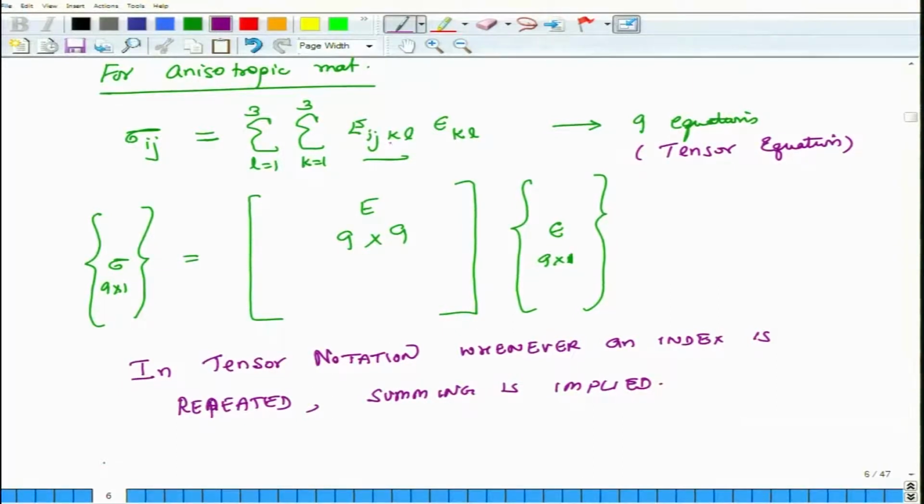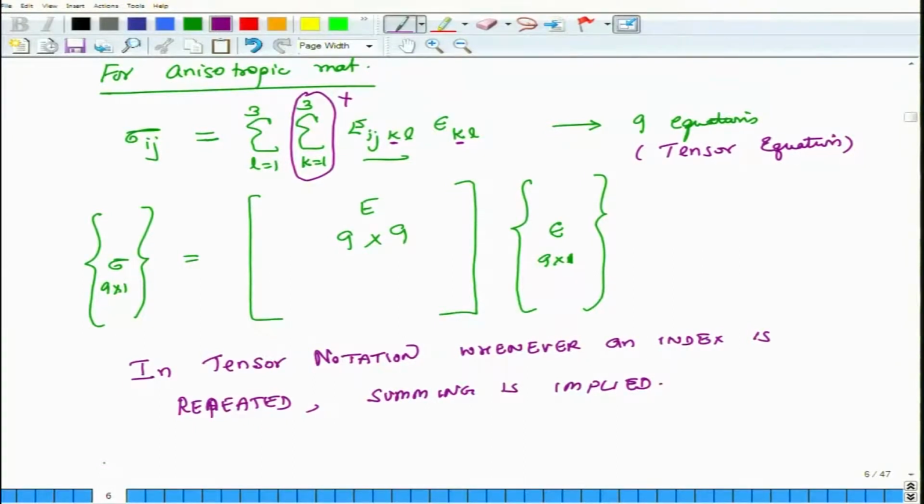So, what do we see? That k is repeated, k is in Eijkl and k is in epsilon kl. What that means is that we are going to add whether we have this symbol or not, because it is a tensor equation. On the right side all the entities are tensors, on the left side all the entities are tensors. So, this symbol is not needed because it is implied by default.